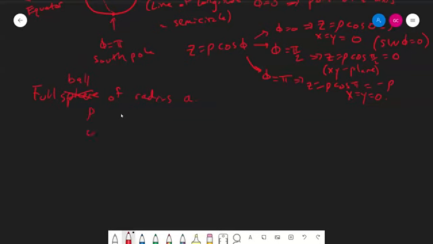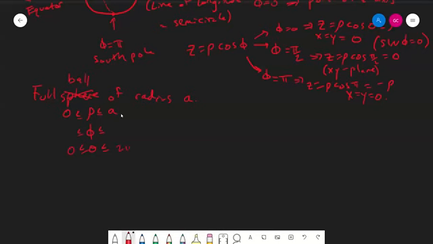And we'll describe it using inequalities on the 3 spherical coordinates. To say that it's a full solid ball of radius A is to say that rho goes from 0 to A. Theta is the same as it was before. It measures how far around the z-axis you go.